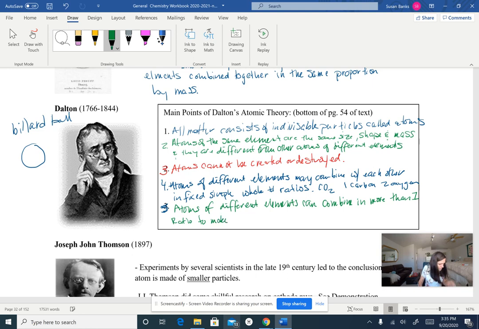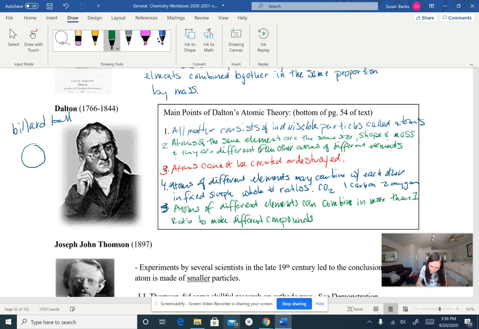So atoms can combine in more than one ratio to form different compounds. Okay, so I can do more than one ratio to make different things.